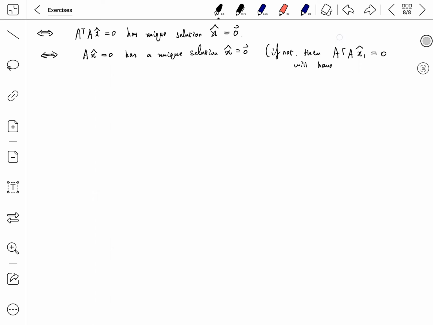Let's see, you have two solutions, first x hat 1, second x hat 2, both equal to 0, and this will both become a solution of ATA x equals 0, contradicting the fact that ATA x hat equals 0 has a unique solution.